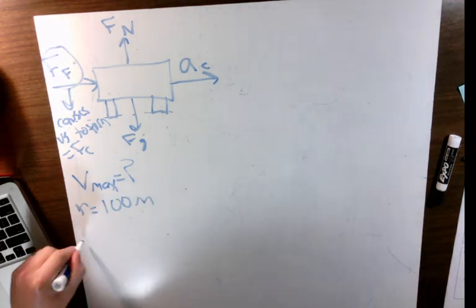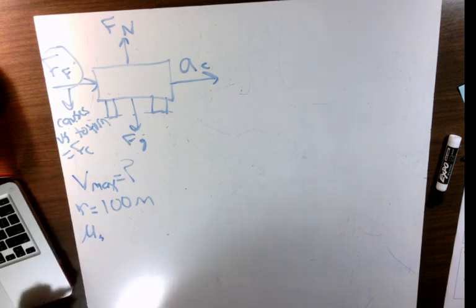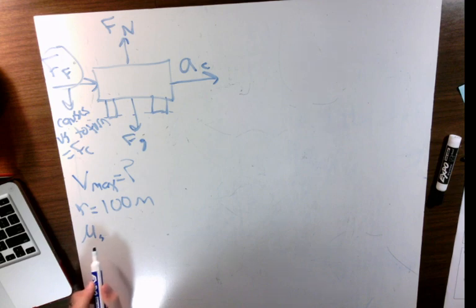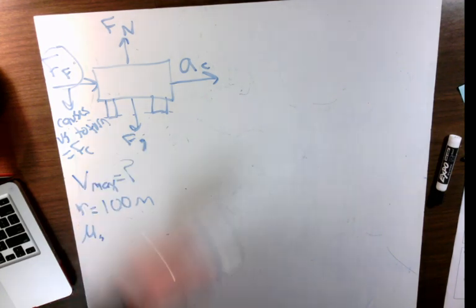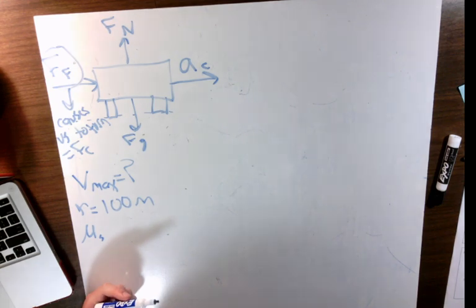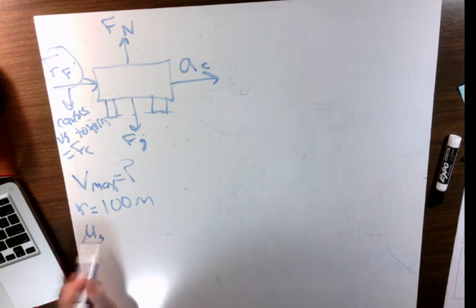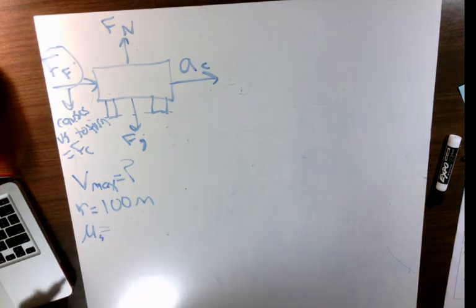And we know we have a static friction coefficient. We're working with static rather than kinetic because unless our tires are skidding, right, and we're actually in a drift or a skid situation, we still have this static condition with our tires on the ground. They're not actually slipping past each other, right?